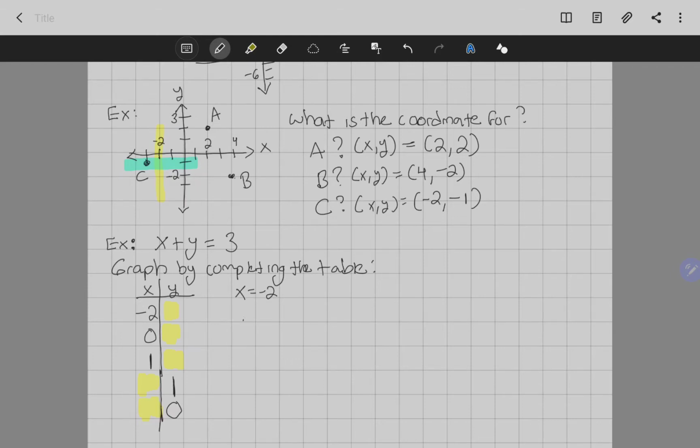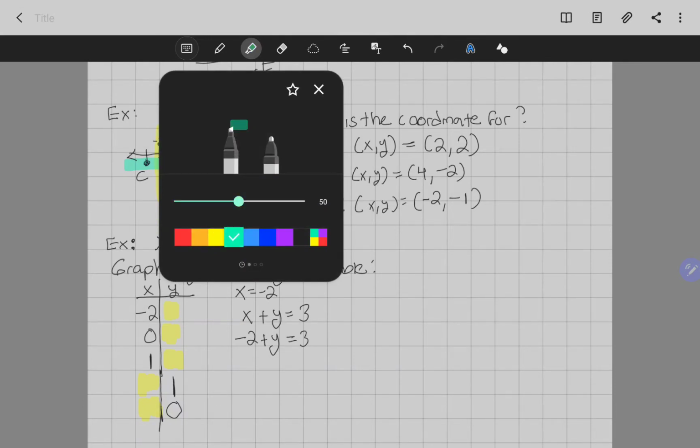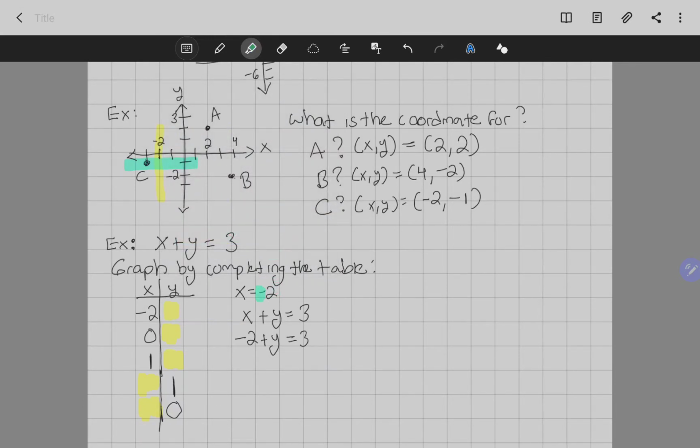So I have x plus y equals 3, and I replace the x with the -2 because that's what we're being told right there. We solve for y, so we add 2, y equals 5. So the answer there is 5.